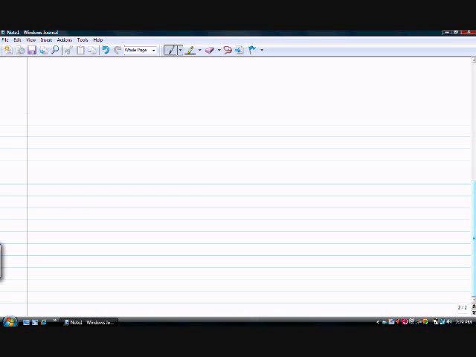Alright, so the next thing we're going to do is try to factor x cubed minus 7x minus 6, and I'm going to say that I already know one of the factors. I'm going to say that one of the factors is x minus 3.